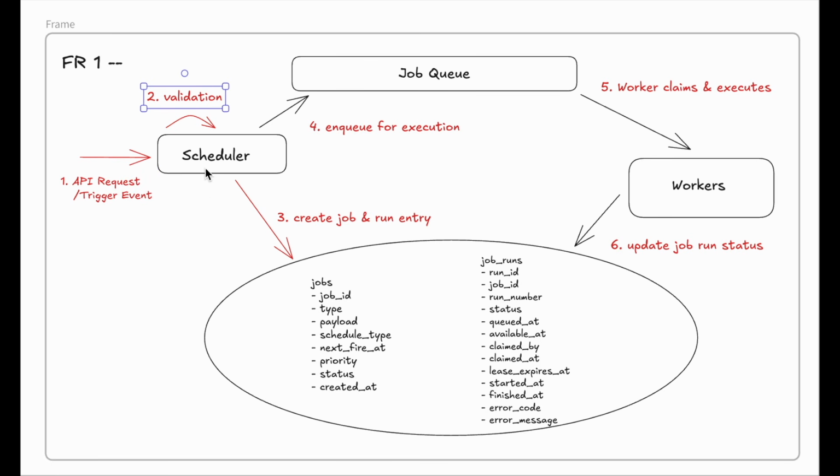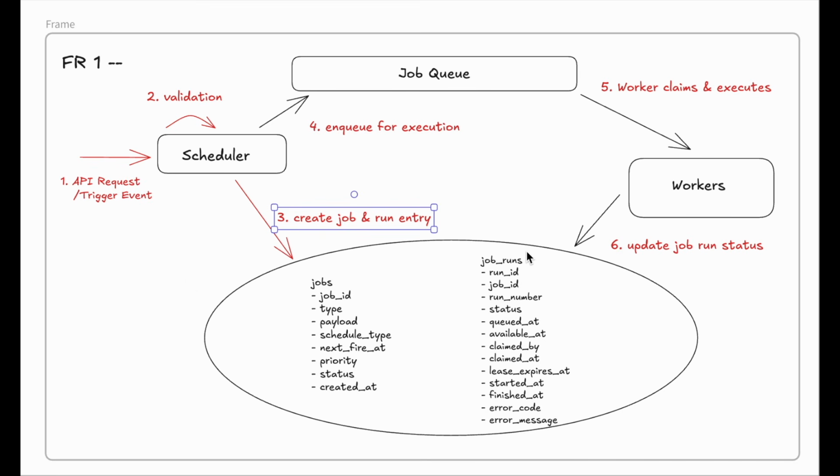Step 2. Validate and normalize. The scheduler authenticates the request, assigns a job ID, and sets schedule type equals immediate, so the downstream components know this job is eligible right away. Step 3. Atomically record job and job run entities.